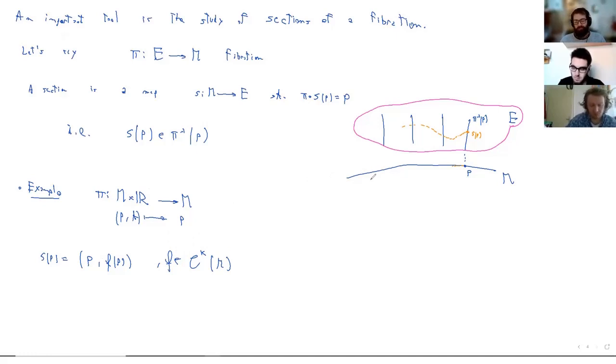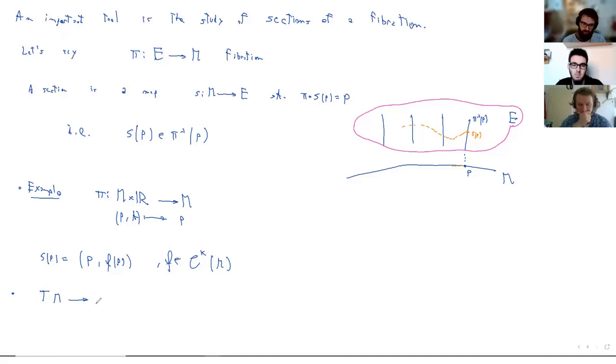So sections of fibrations are a generalization of a function. With the trivial bundle, we recover this notion of function, but otherwise we have something more complicated. And actually, I believe you've seen some of this.